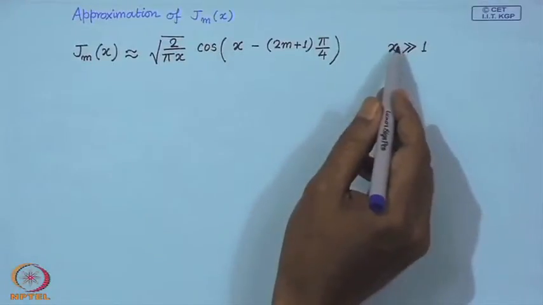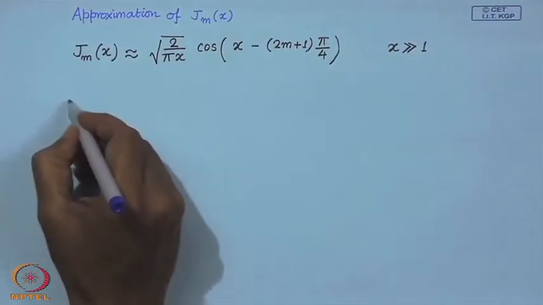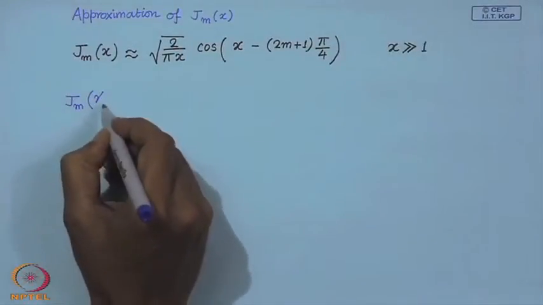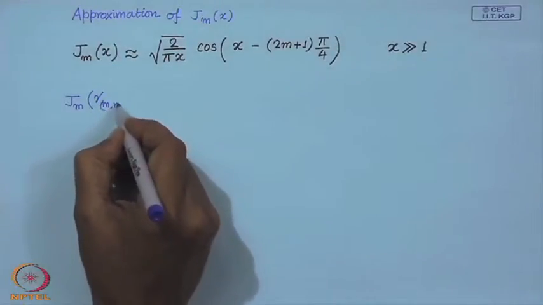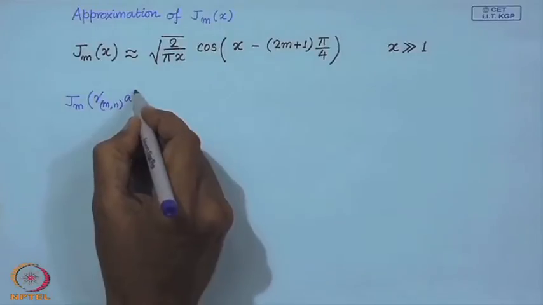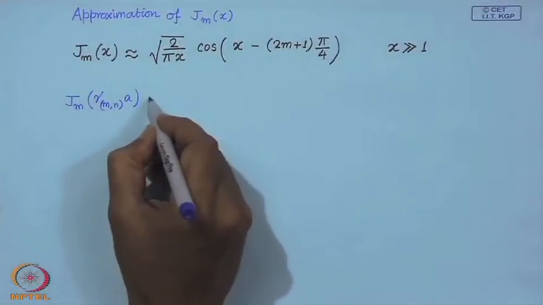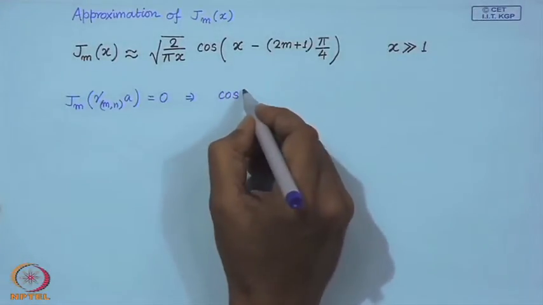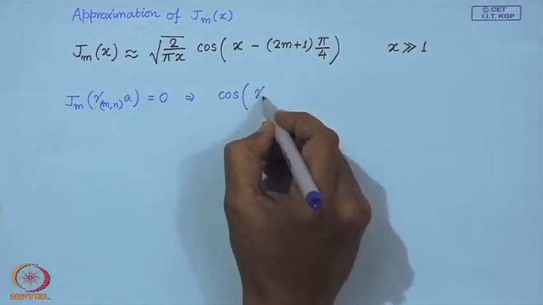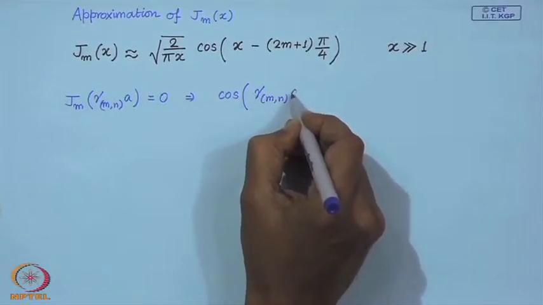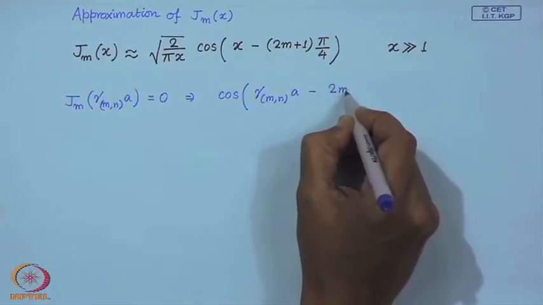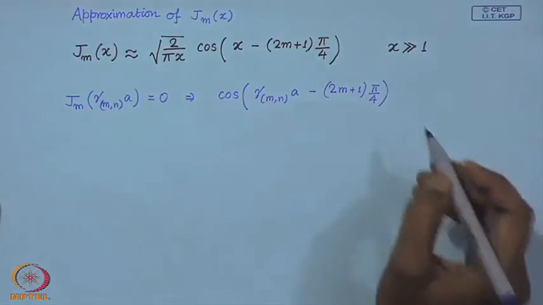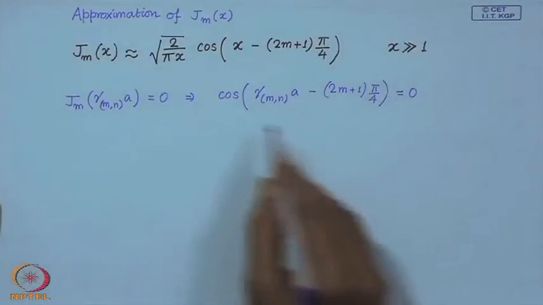Now, for large arguments we say, so let us see what happens. We want to have, so this must be 0.